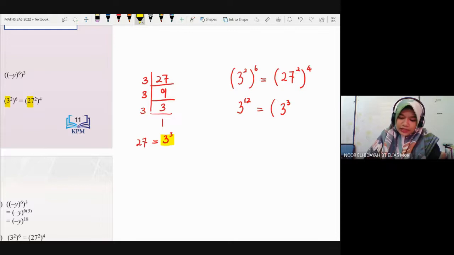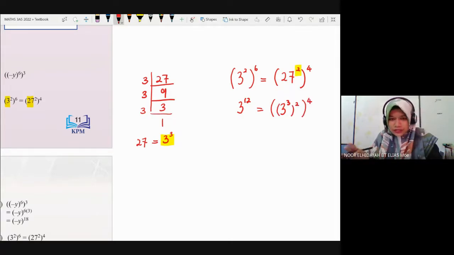Asalnya dia ada power of 2 here. So, ini awak kena darabkan ataupun sebenarnya duduk dalam kurungan. Power of 2, power of 4. Sebenarnya asal dia macam ni. So, on the left hand side dah selesai.